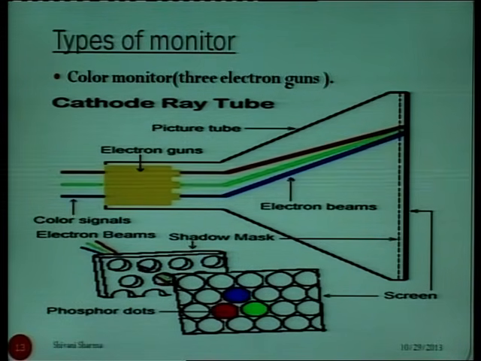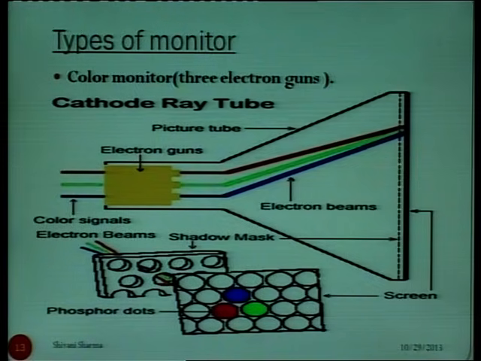Then we have color monitors. In color monitors we have 3 electron guns, as in the diagram we have red, green and blue color signal electron beams. These 3 electron guns emit 3 electron beams. After the assembly of anodes, that is the focusing anode and accelerating anode, these beams strike the phosphor screen, and between them we also have a shadow mask through which these electron beams pass, which we will discuss later on.